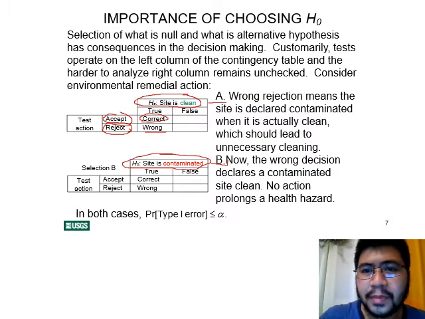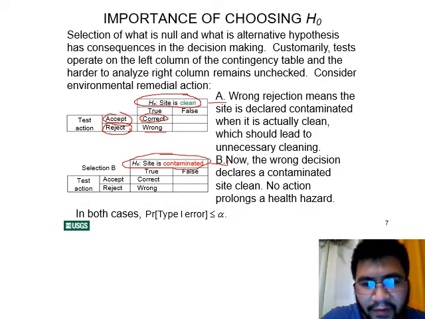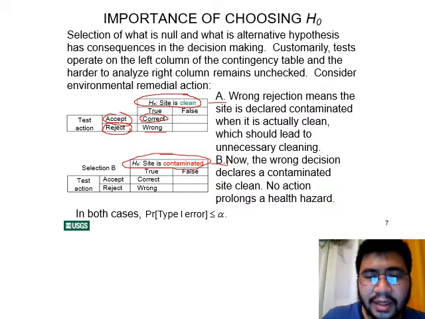Now let's talk about scenario case B, where we phrase the null hypothesis as the site is contaminated. Again we have two outcomes here. If we accept the null hypothesis, there is a 95% chance that the site is actually contaminated.